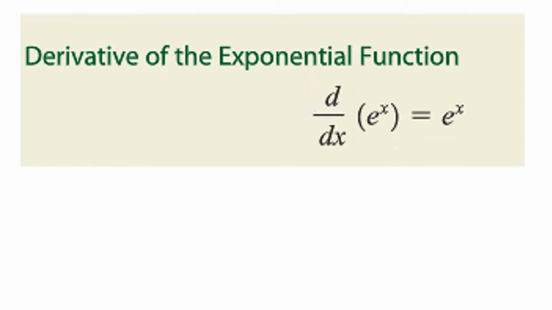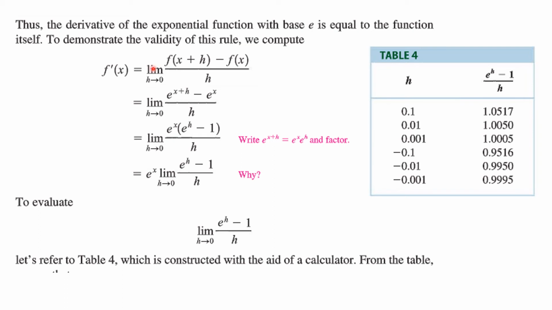To do this, we're going to go all the way back to the definition of the derivative. So y equals f of x equal e to the x. So this is the limit definition of the derivative: the limit as h goes to 0 of f of x plus h minus f of x all over h.